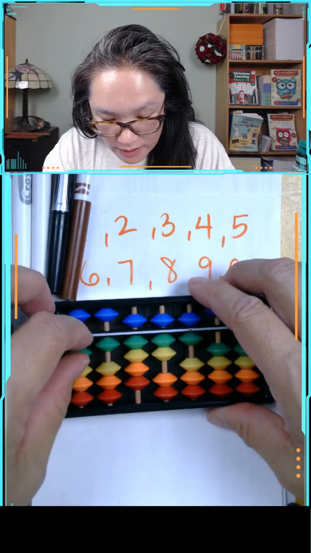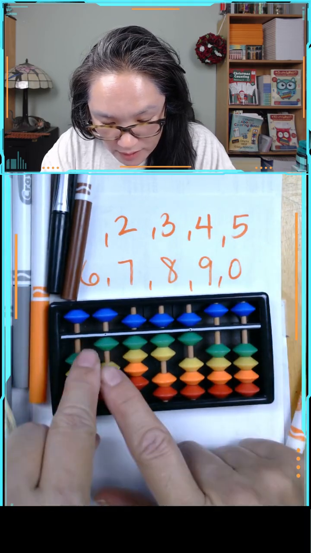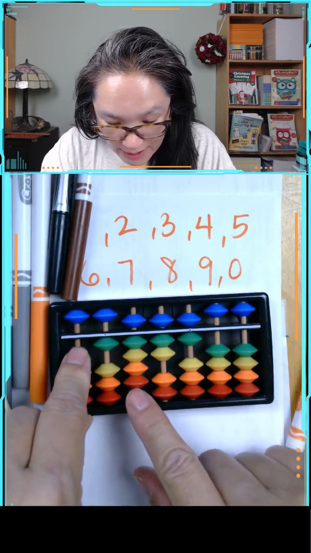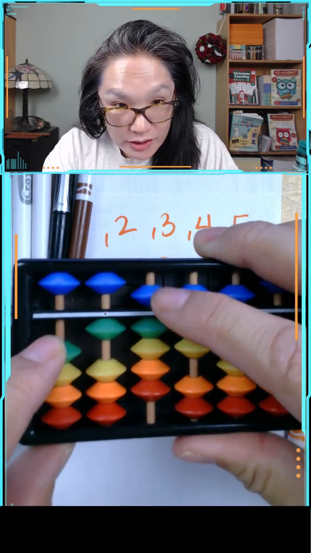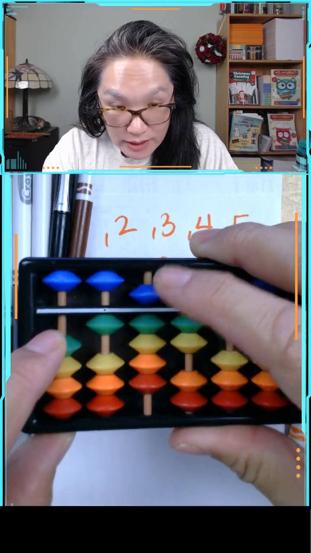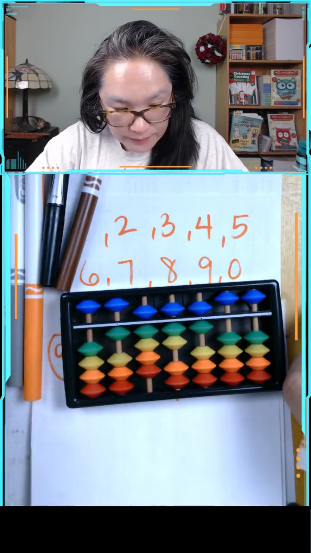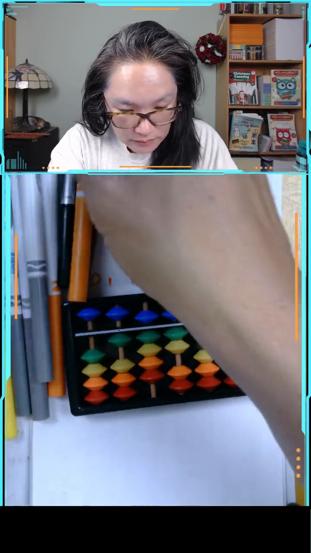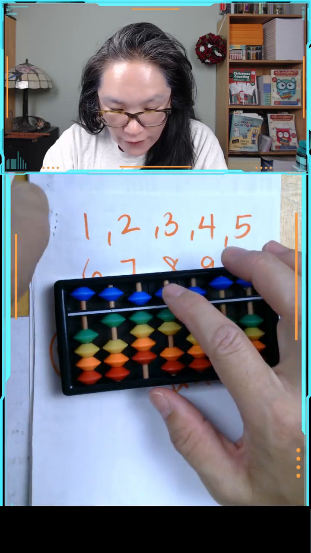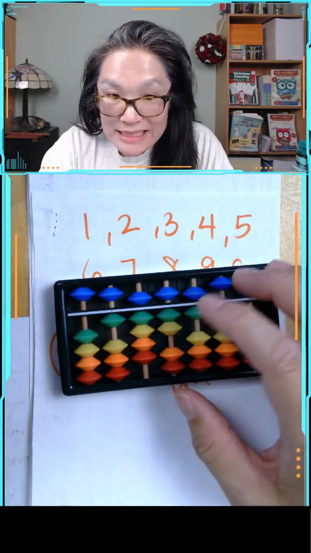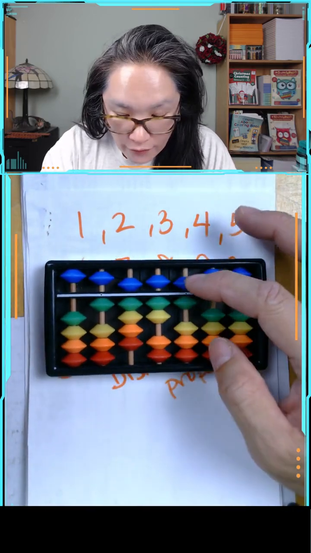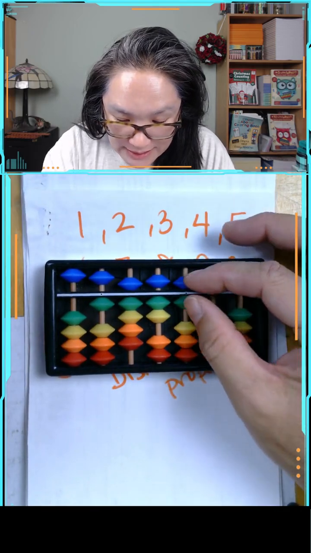So we have the 1. This is what 1 is. This is 9. Anytime the top bead is touching the horizontal bar, this is counted. This is 5. 5 plus 4 is 9. 5 plus 2 is 7. 5 plus 1 is 6.